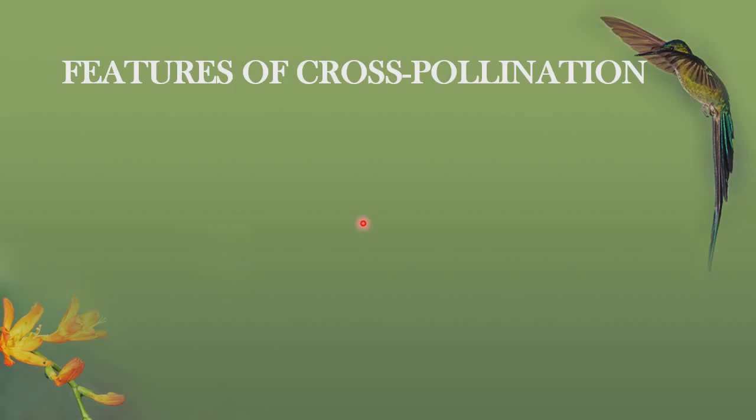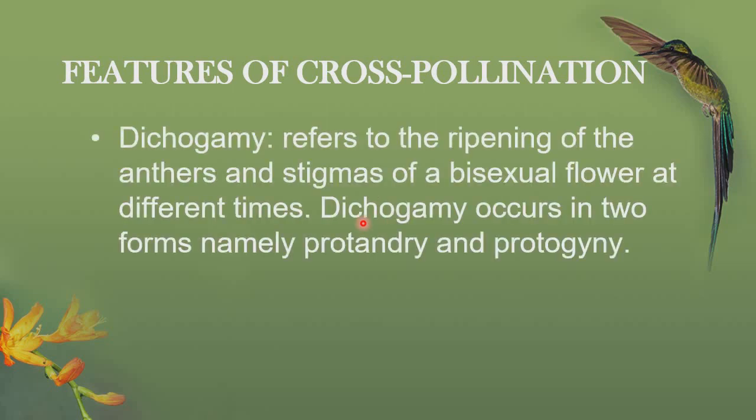First one, we have dichogamy. Dichogamy refers to the ripening of the anthers and stigmas of a bisexual flower at different times. Here, this happens at different times, where the anthers and the stigmas ripen at different times.